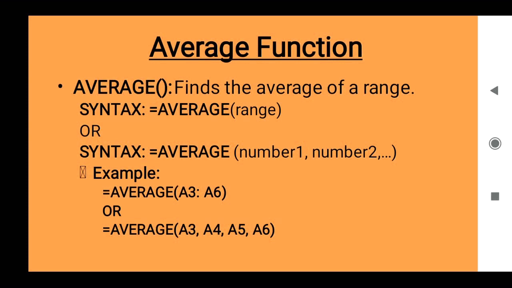The very first example is =AVERAGE(A3:A6). This is called range. Or =AVERAGE(A3,A4,A5,A6). These are number 1, number 2, number 3, and so on.